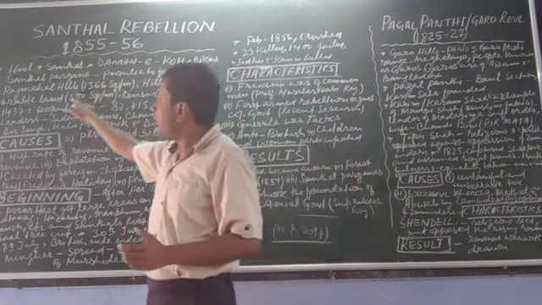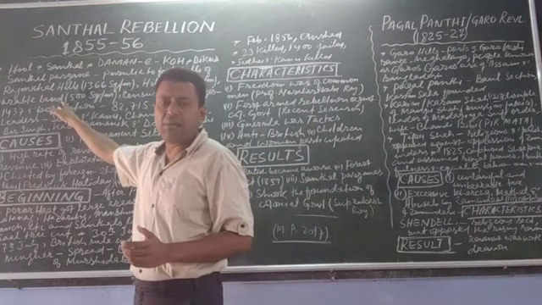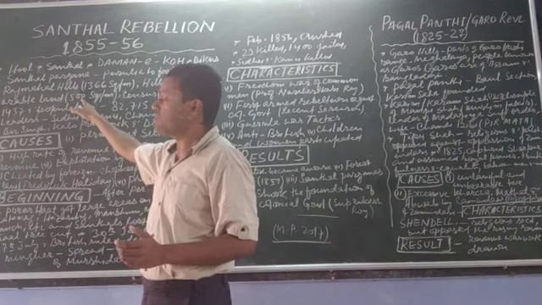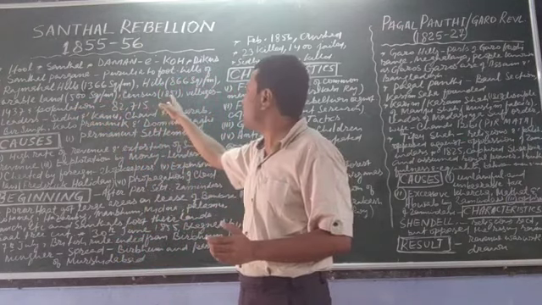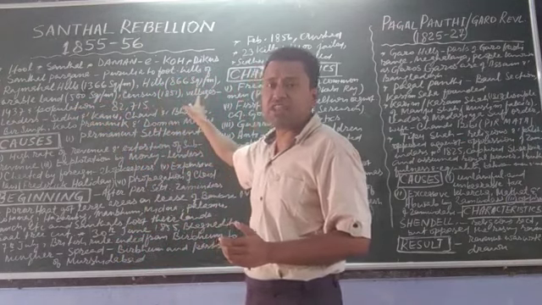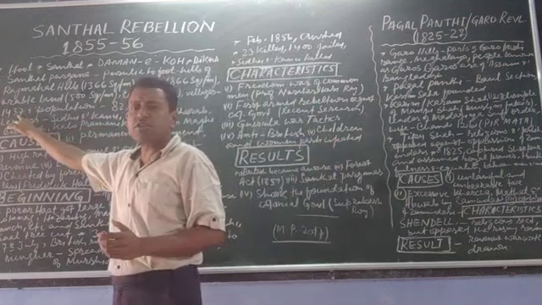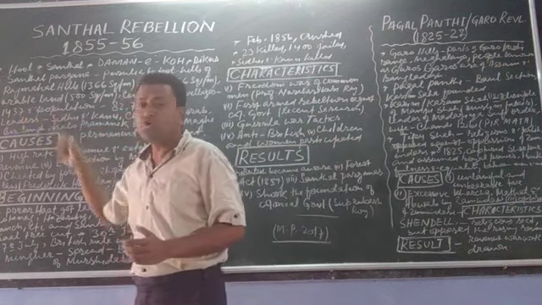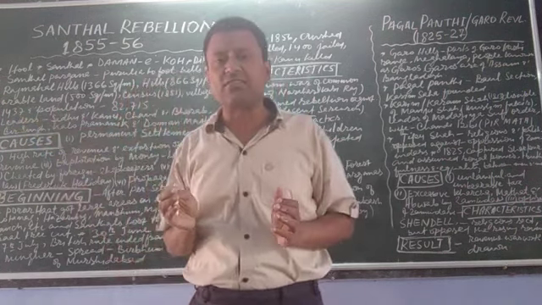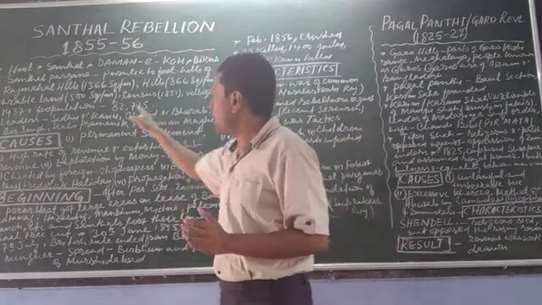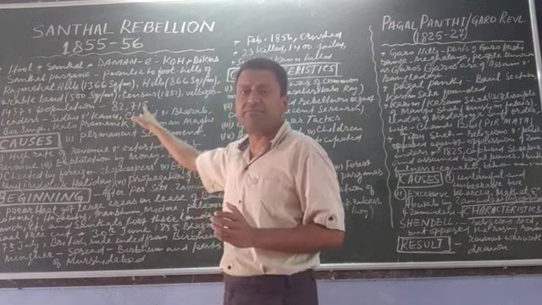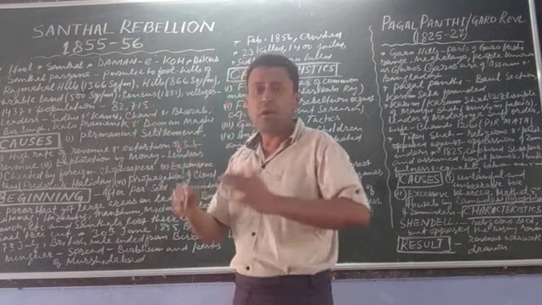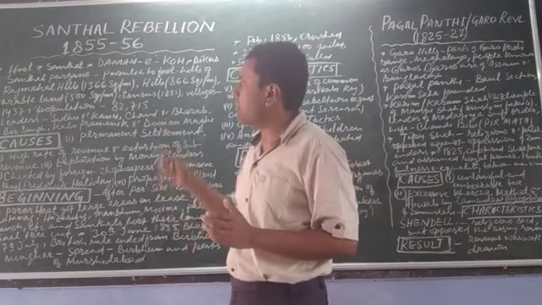What was the area of the arable land? That was 500 square miles. As per the census of 1851, the number of villages was 1437. The total population of the Santhali as per the census of 1851 was 82,715.